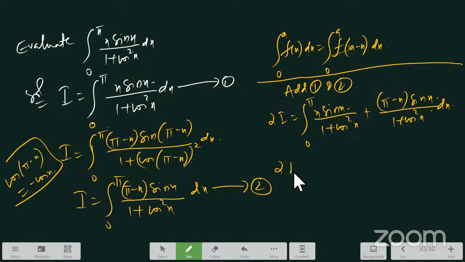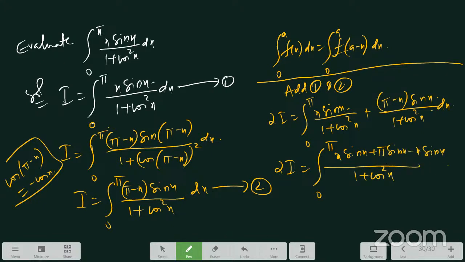Then 2I is equal to the integral from 0 to pi over 1 plus cos square x of x sin x plus pi sin x minus x sin x dx, where x sin x gets cancelled. Pi outside, 0 to pi, sin x by 1 plus cos square x dx. This is your simplified form.